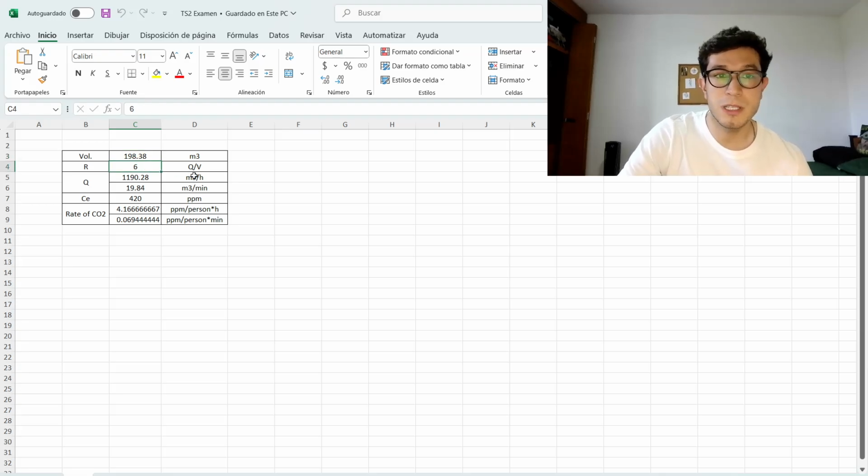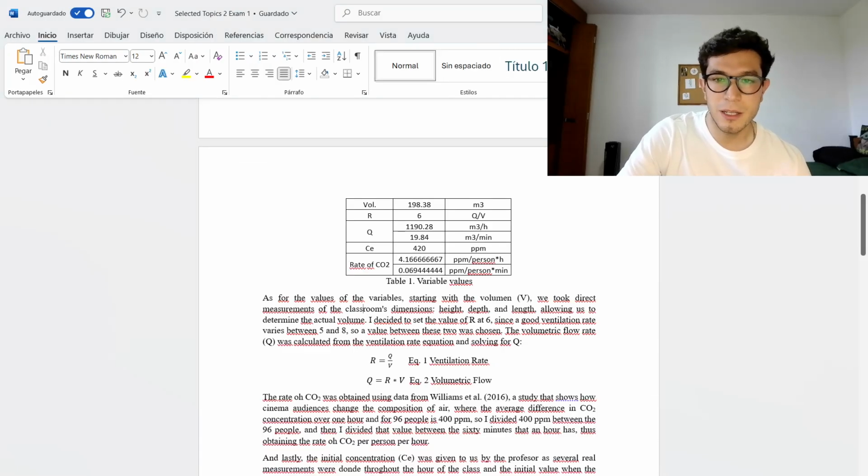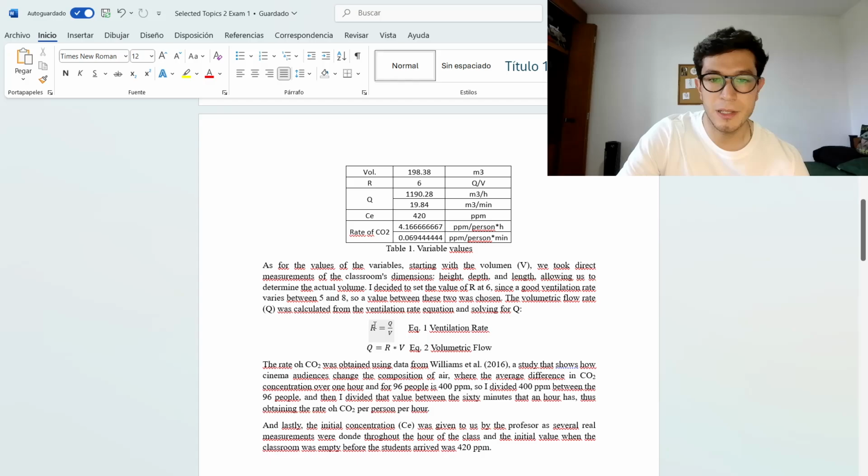The R value I set to 6, and the Q, which is the volumetric flow, I obtained by solving this equation for Q, which gives us R times the volume.